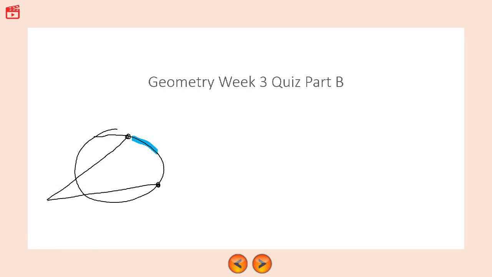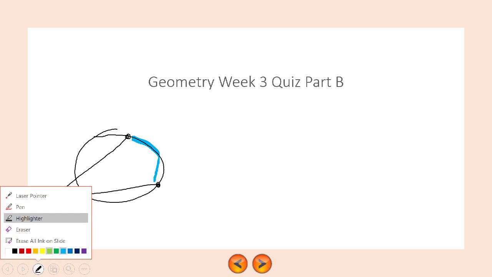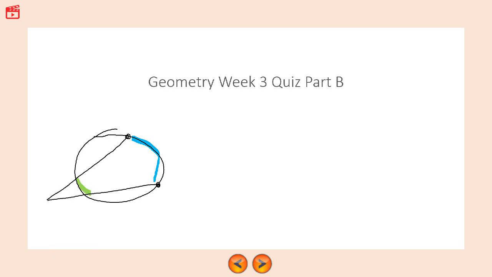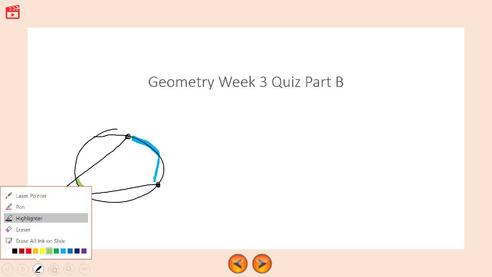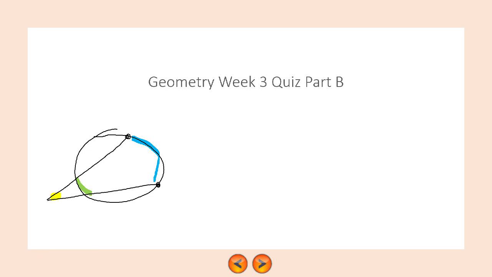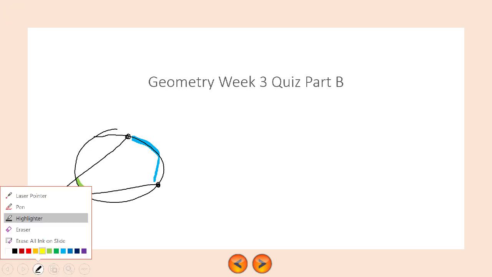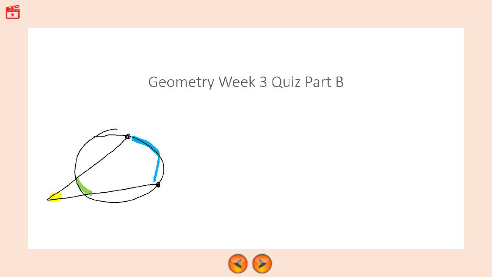This arc from these 2 points, we have the arc between these 2 points, and we have this angle here. We're going to give each of those things a name. We're going to call the blue arc X, the green arc Y, and the yellow will be angle 1.